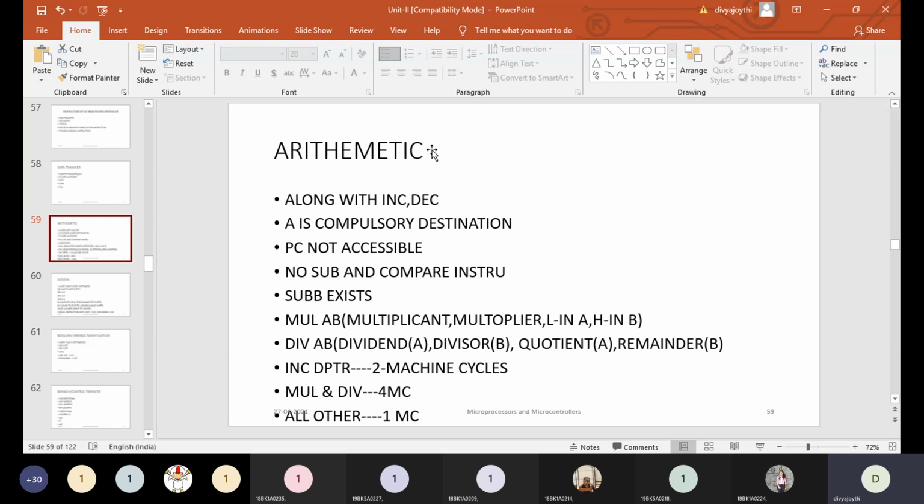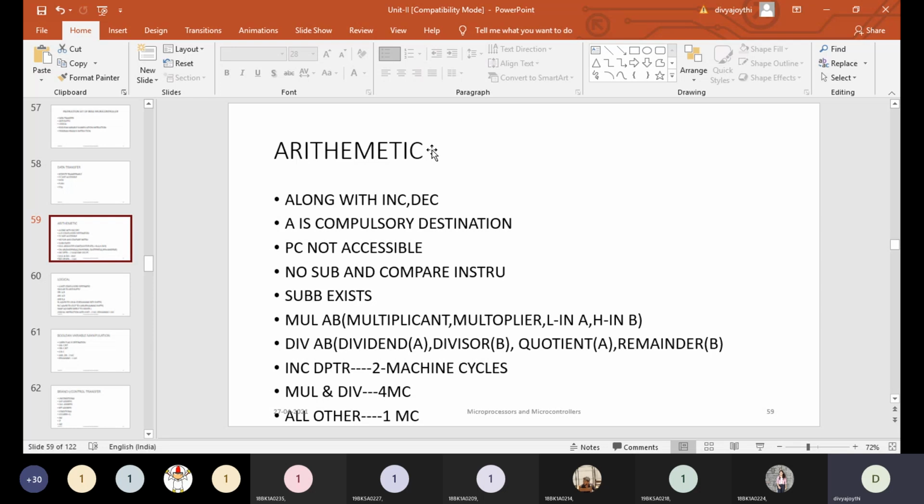Whenever you are performing arithmetic operations, the register which comes immediately after the mnemonic must be A, the accumulator. So the accumulator should be used as the destination register whenever you perform an arithmetic operation.